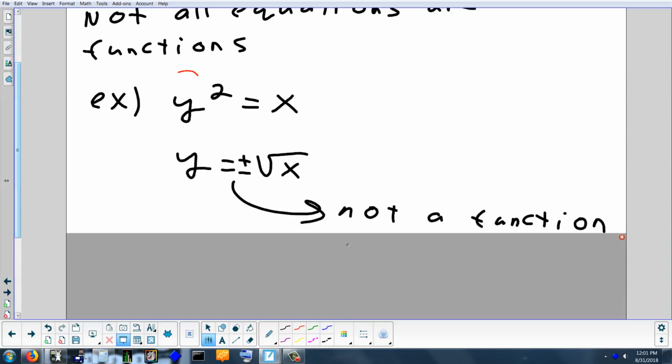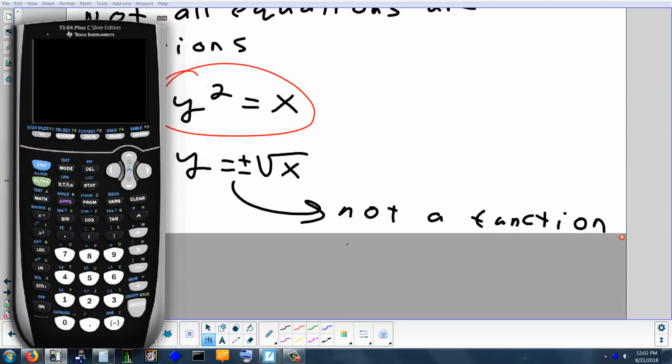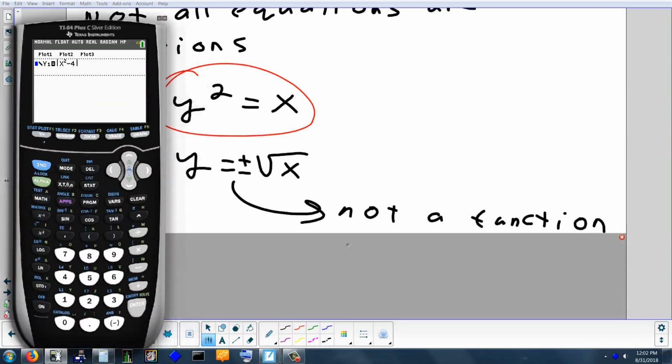So if you were to try to graph this, well, first of all, you can't graph something with y squared. If you want to type it into the graphing calculator, you have to get y by itself. Okay, how do we get y by itself? Take the square root of both sides. Well, if I type that into the calculator, watch what happens. Y equals the square root of x. And I can't do plus or minus in the same thing. I have to do them separate, like that.